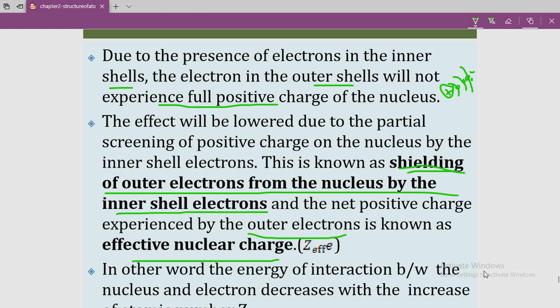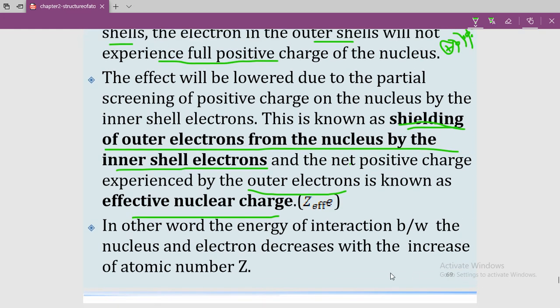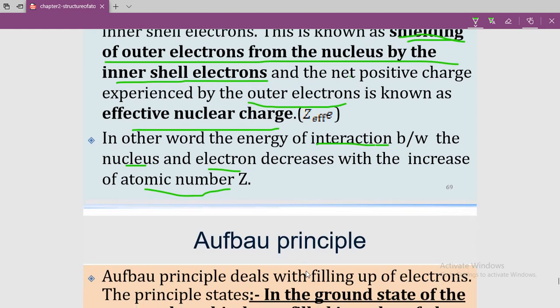In other words, the energy of interaction between nucleus and electron decreases with increasing atomic number, or atomic size. As you learned in 10th class in the periodic table, as we go down any group, atomic size increases and the attraction between the last electron and nucleus also decreases.